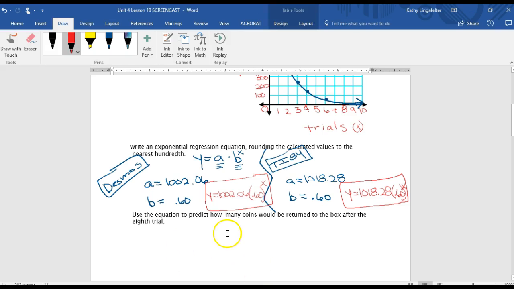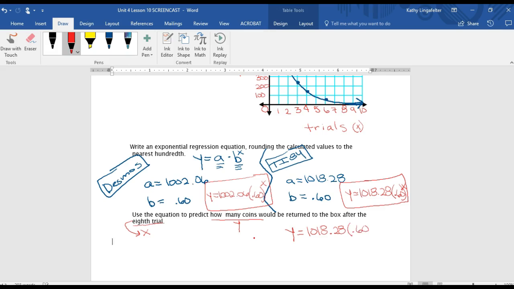All right, now looking down at the last question, it says use the equation to predict how many coins, so the coins are y, would be returned to the box after the 8th trial, and the 8th trial is x. So what we're doing is we're substituting 8 in for x, and then we are solving for y. You're actually going to get the same answer regardless of what equation you use.